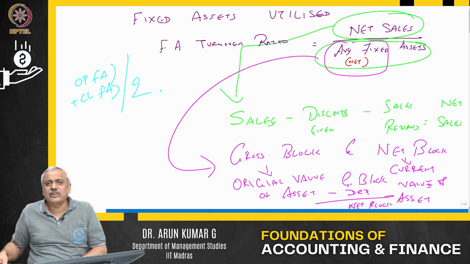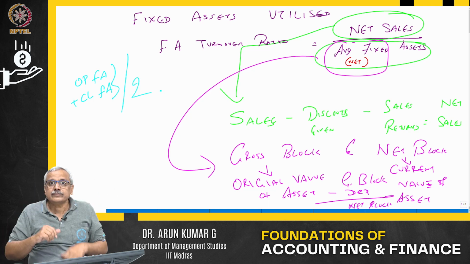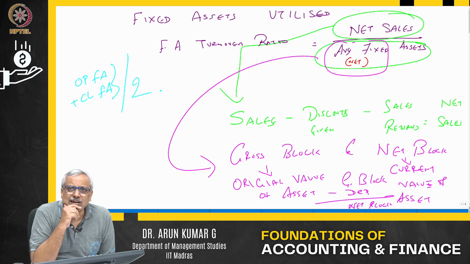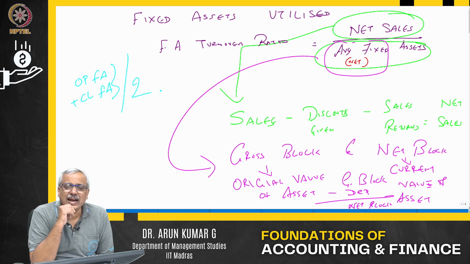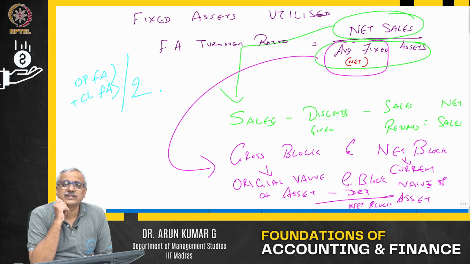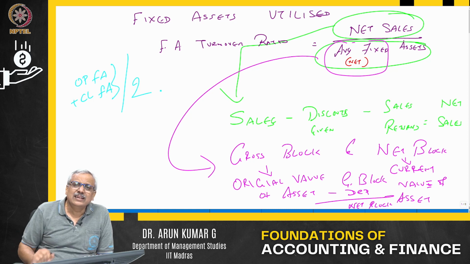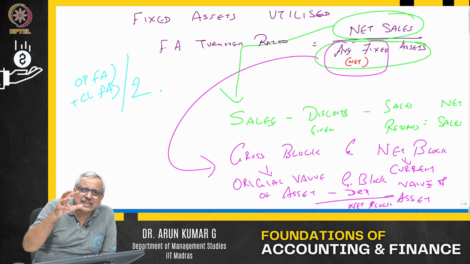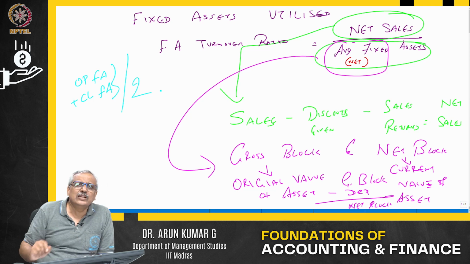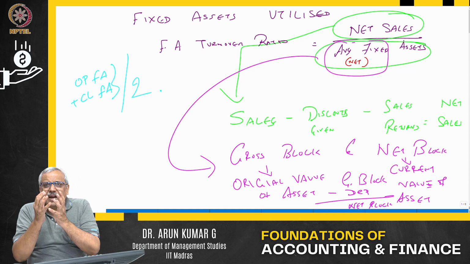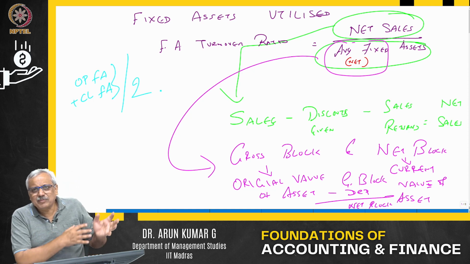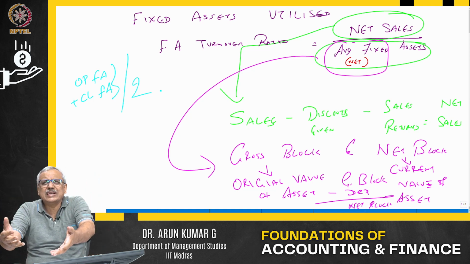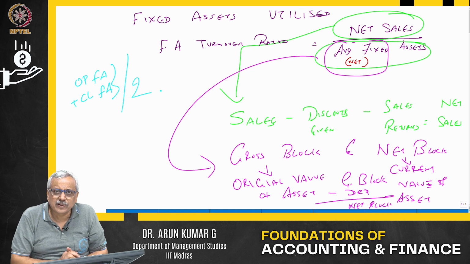That is what we will take as average fixed assets. So, the fixed asset turnover ratio tells me how many times my sales value is of the fixed assets. That gives me an idea how efficiently my fixed assets are being utilized in the organization.